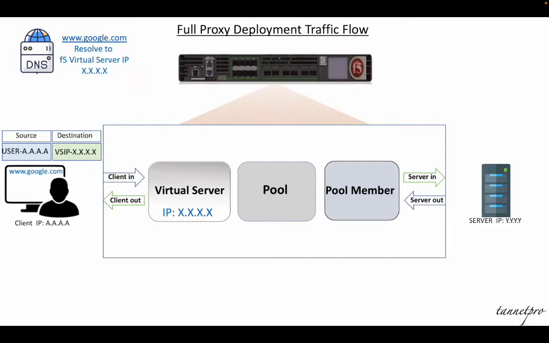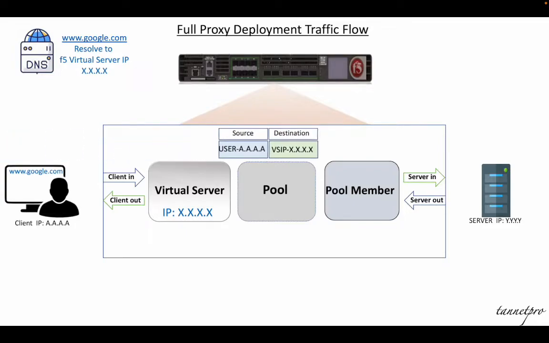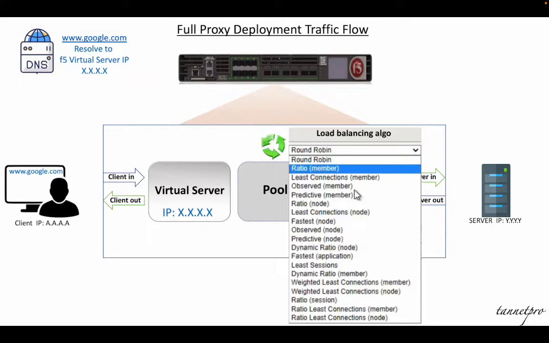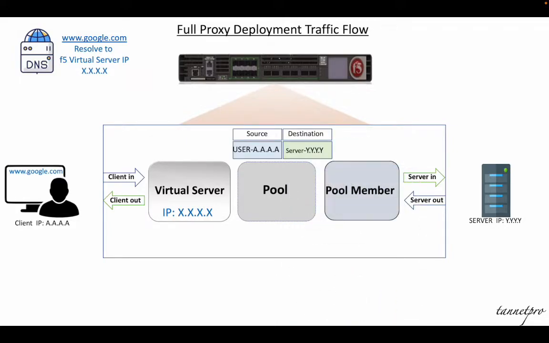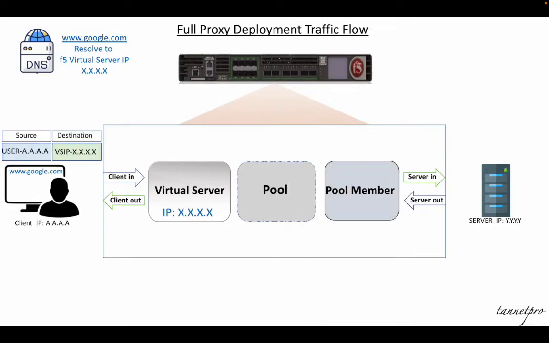Source is your user, destination is your virtual server. It goes to your virtual server, then it starts its own algo, ratio base. Then you check the packet header, a little change, right? Your destination becomes YYY, because your pool takes the decision which server is the least connection or ratio base. It elects one of the servers from among the pool, and it sends to that particular server based on your running algo, correct?